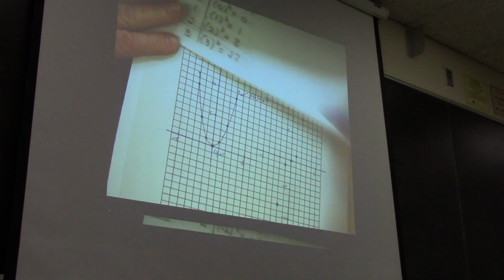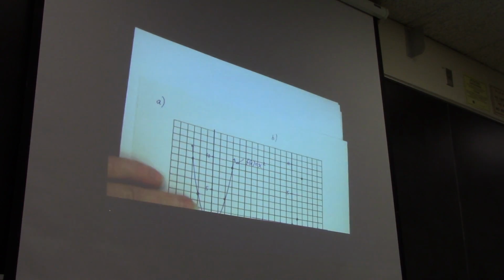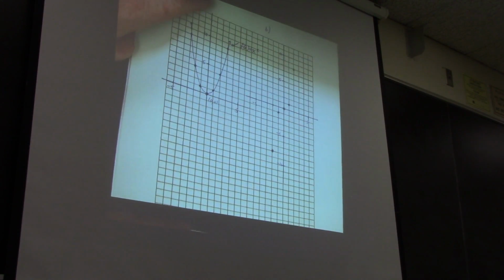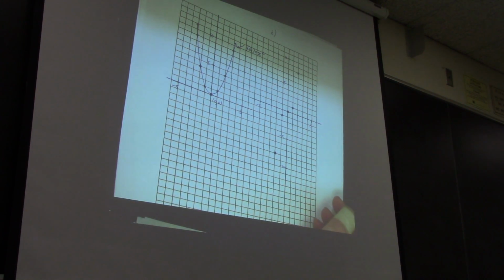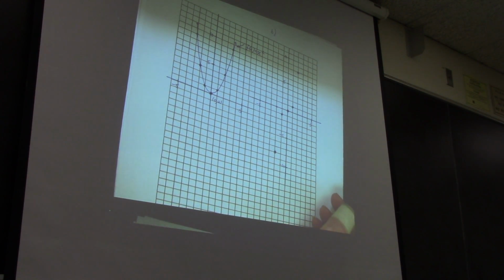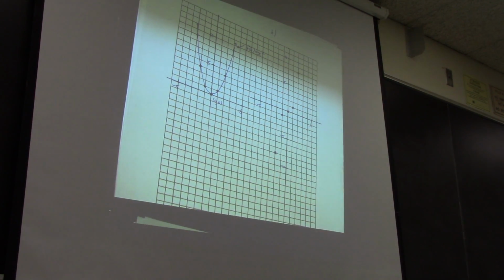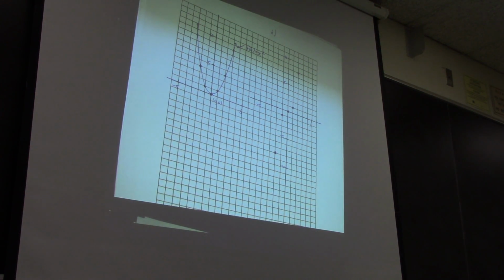Okay? Now, if you had never seen this graph before, never seen anybody graph a cubic function like this, then you'd have to have a lot more points. These 5 or even 7 points would not be sufficient.